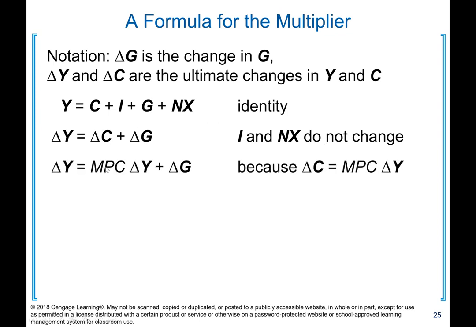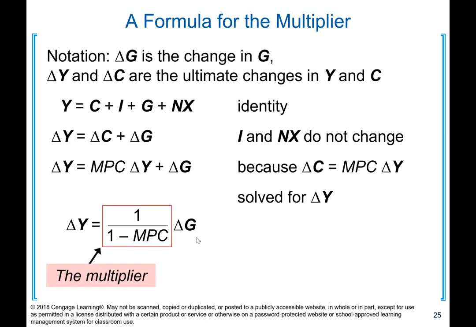Delta Y is equal to MPC times delta Y plus delta G, because delta C is MPC times delta Y. When we solve for delta Y, we get 1 over 1 minus MPC times delta G. And that 1 over 1 minus MPC is the multiplier.